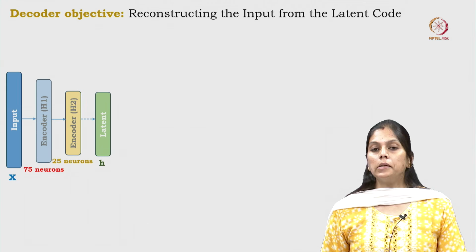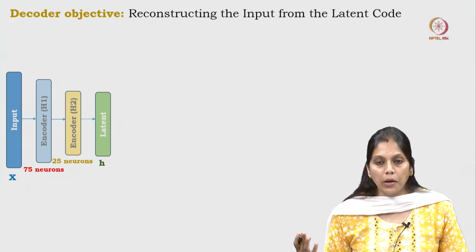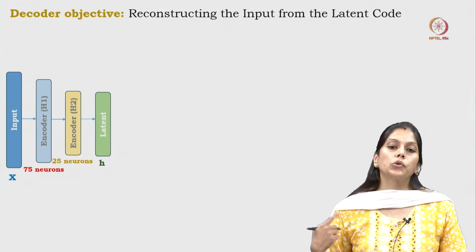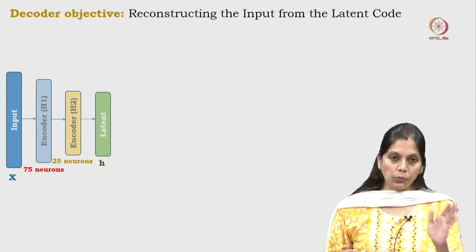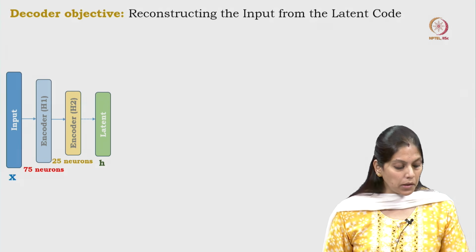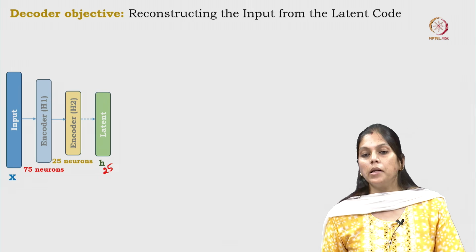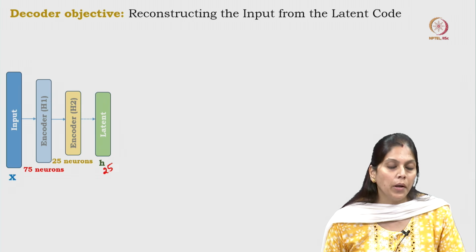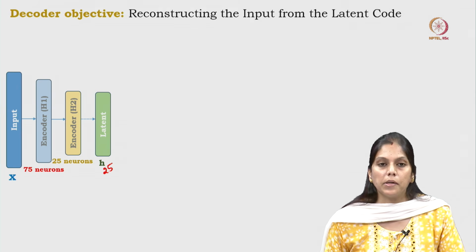Now, with this, let us see what exactly happens at a decoder. What is the role of a decoder? The role of a decoder is to reconstruct the data back. Now, let us see how it will reconstruct. This is what we have seen so far. Now, the latent representation, we have 25. From our previous example, we have seen that 25 features are there at the latent representation.